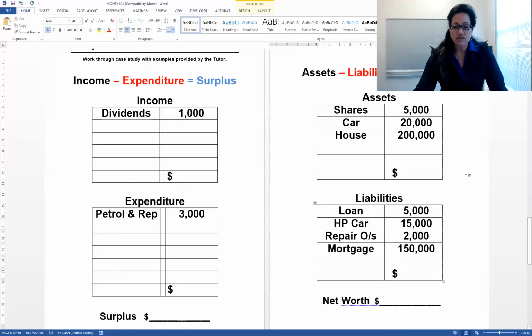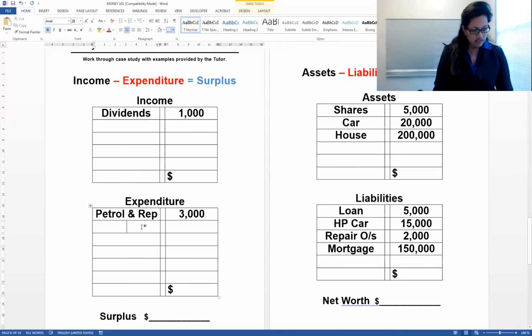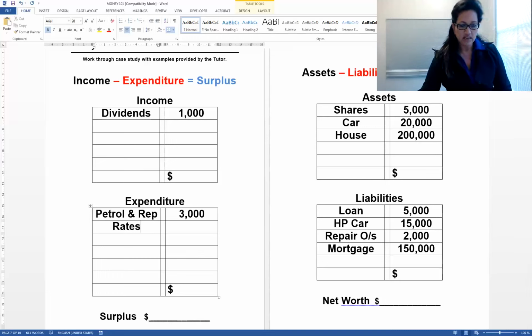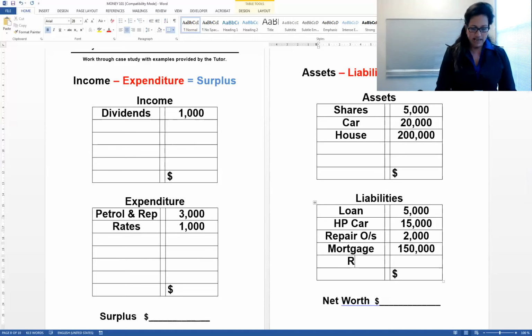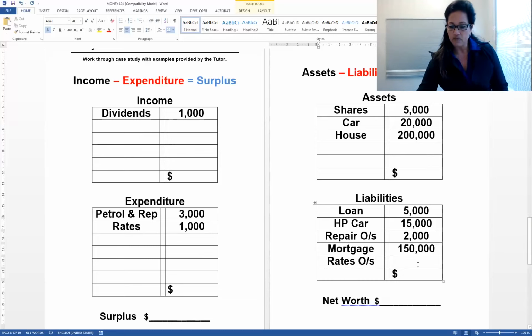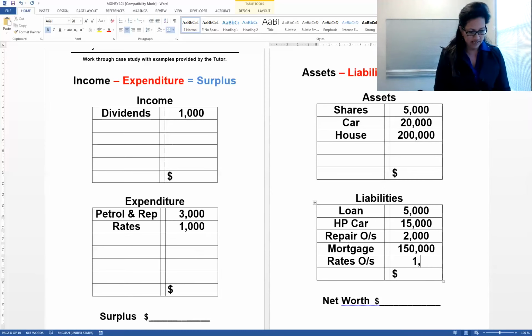Also with the house, she has had to pay rates, and as we know, rates that she has to pay are an expense, so we put it over there as rates. She's paid $1,000 and more of rates. And then she also knows she's still got another $1,000 for this year to pay. So she's got rates outstanding, and we know rates outstanding are a liability, so we put that over there as well, for liabilities, $1,000.